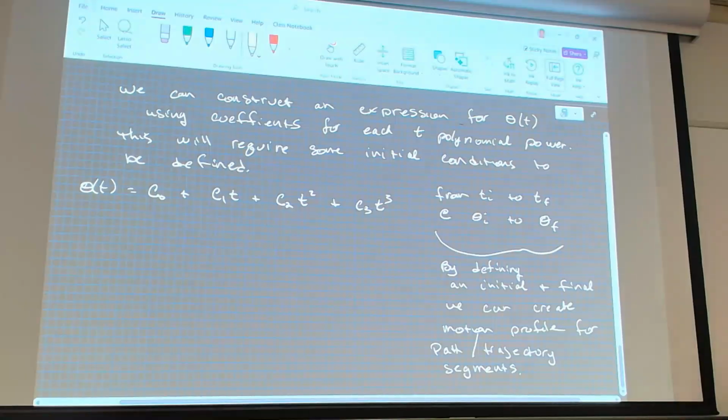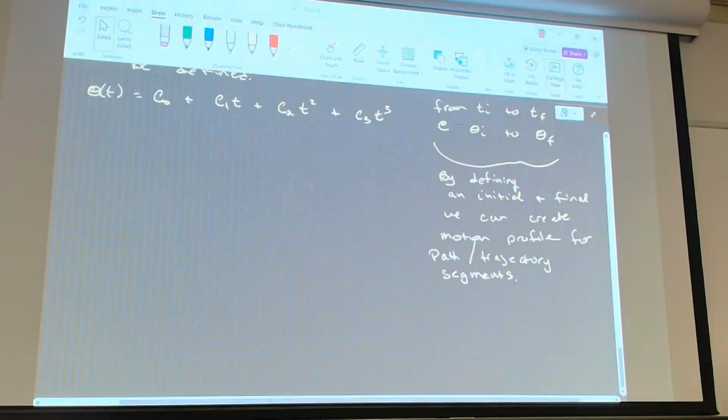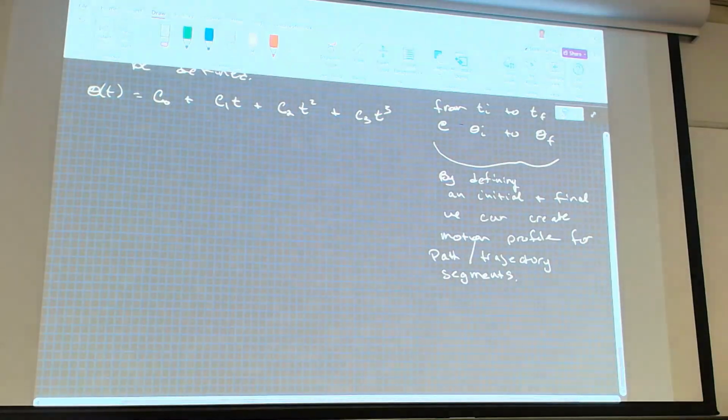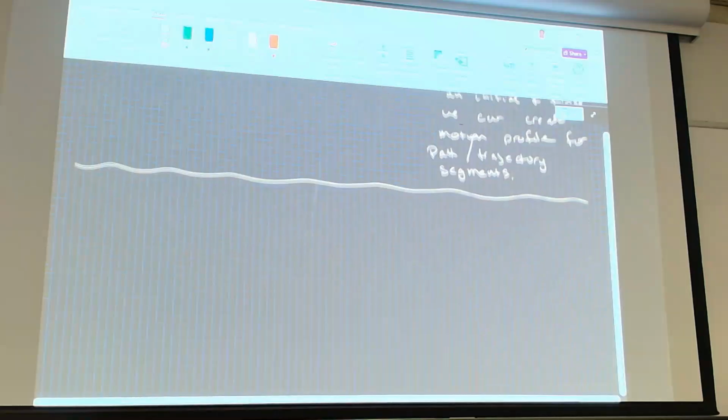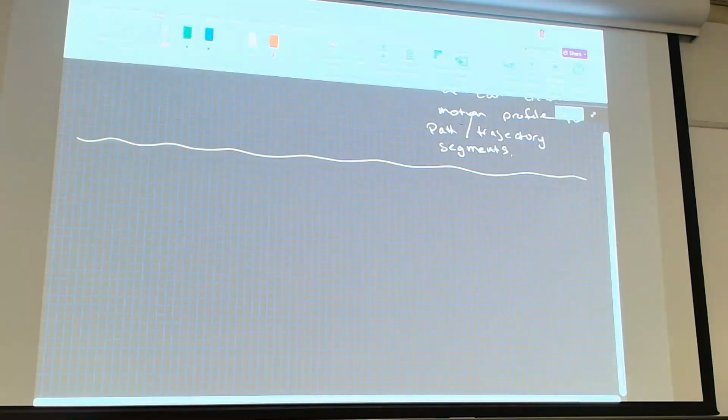And so what we see here then is we define our initial conditions. All right, so given, let's go to the third order.